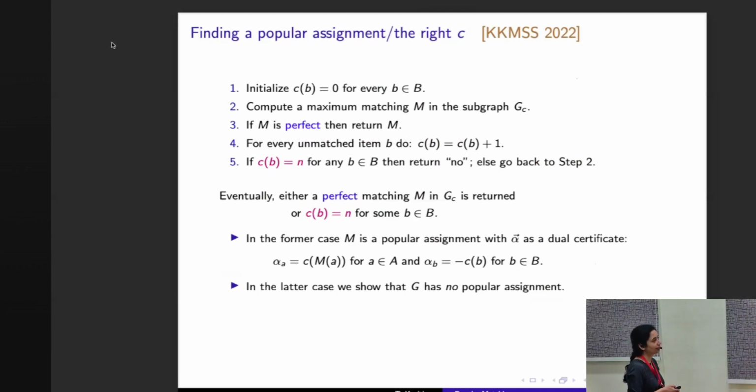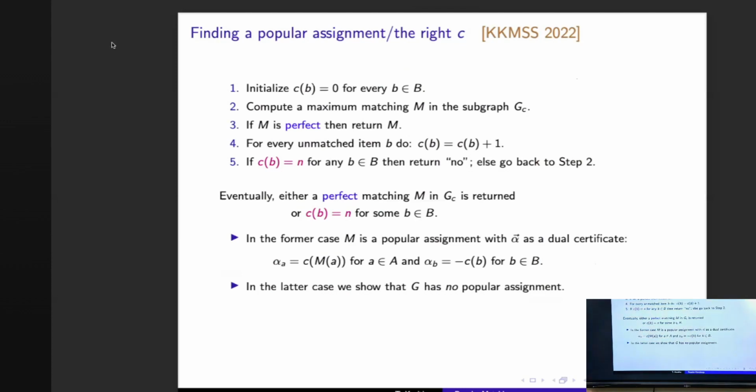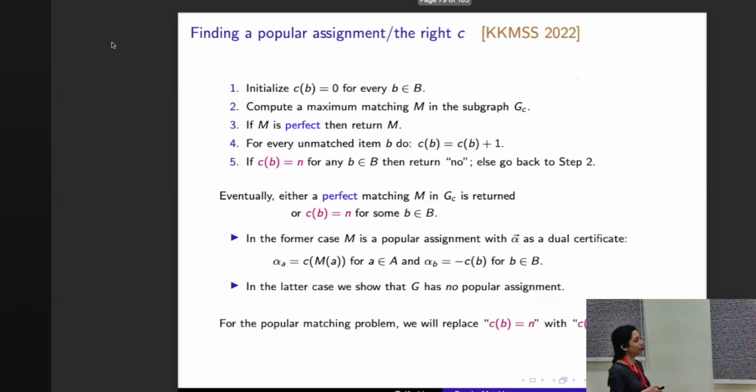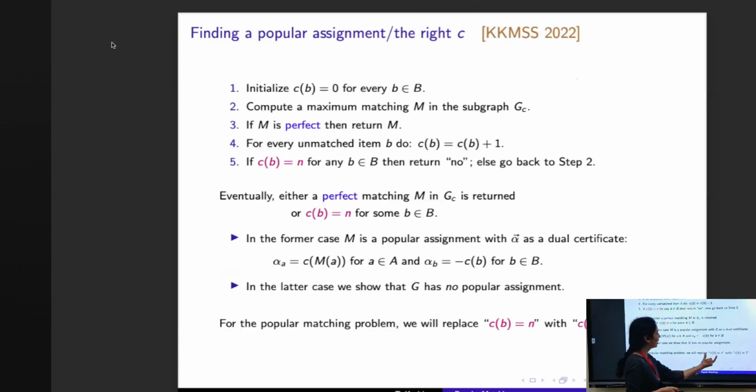And in the other case, if the color of any object has become n, we show G has no popular assignment. It is not that our algorithm failed to find one, but it is actually the case that G has no popular assignment.